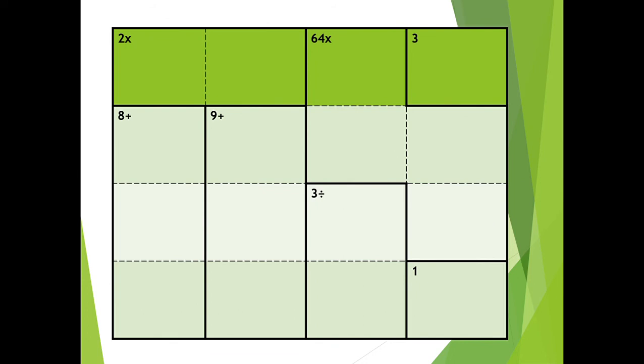So we have here 2x, 64x, 3, 8 plus, 9 plus, and 3 divide 1. Kita mo anang mga black lines, but pasabot, diri ra na siya. So, unsa may ato mga numbers na ibutang diri, na kung ato sila i-multiply, mo equal siya sa 2.